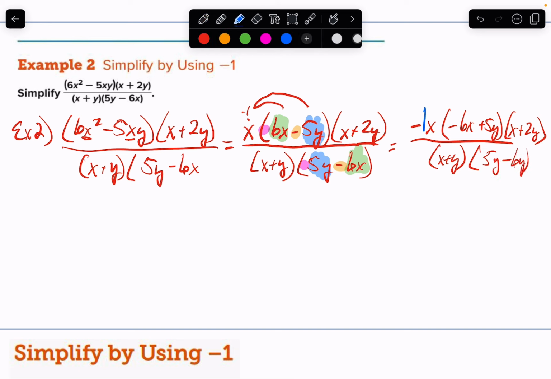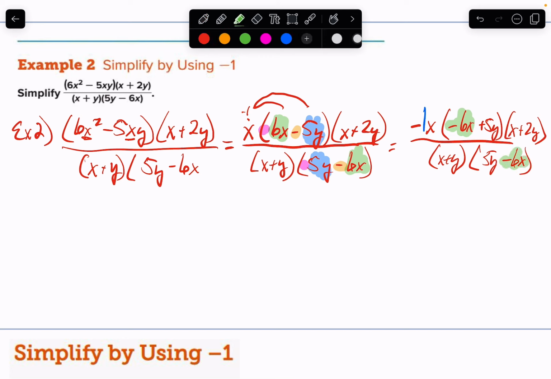Now we're closer because I have this, see, I did it in green. It's a negative 6x and a negative 6x. Oh, I changed the letters, didn't I? Yep, my bad. It's supposed to be 5y, 6x. There we go.